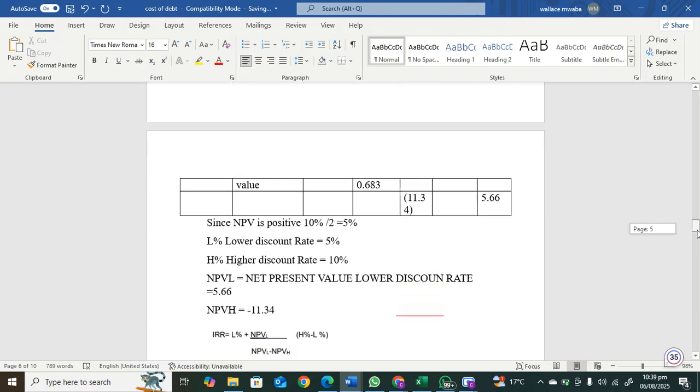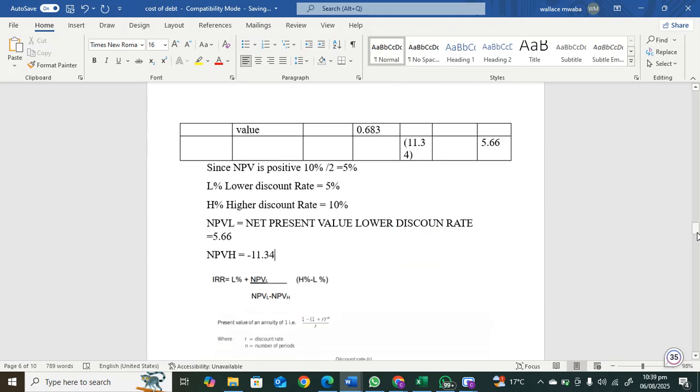Those are just the four things you need from the table. The lower discount rate, higher discount rate, the net present value with the lower discount rate, net present value with the higher discount rate.